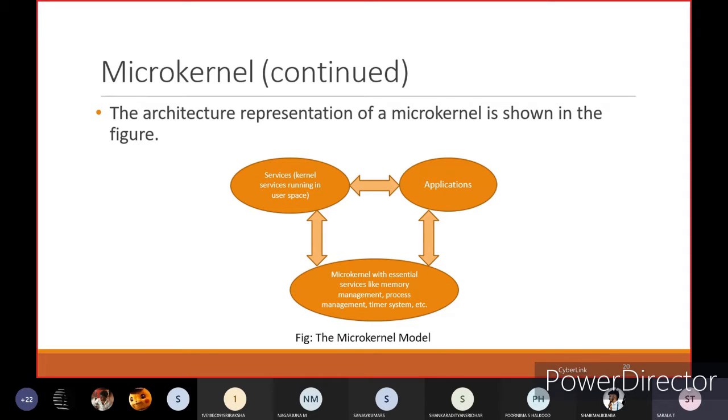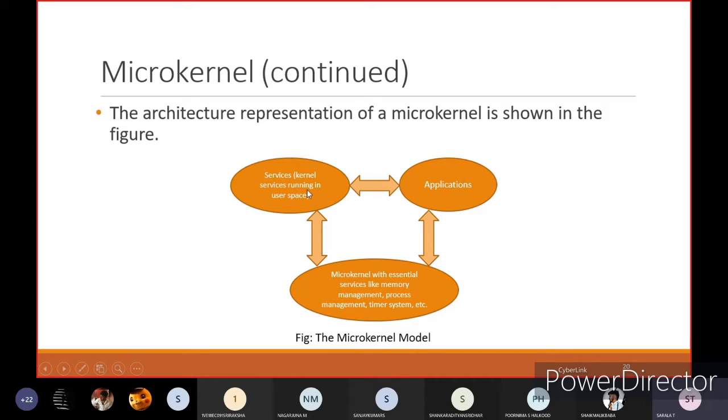You can see the block diagram or representation of the microkernel architecture shown here. The essential services like memory management, process management and timer management run inside the microkernel, and the remaining kernel services run in the user space.